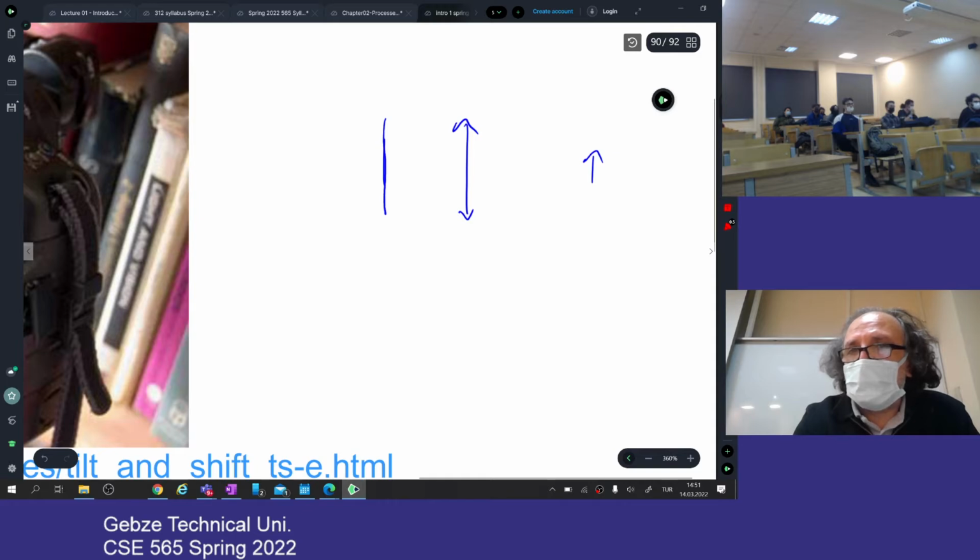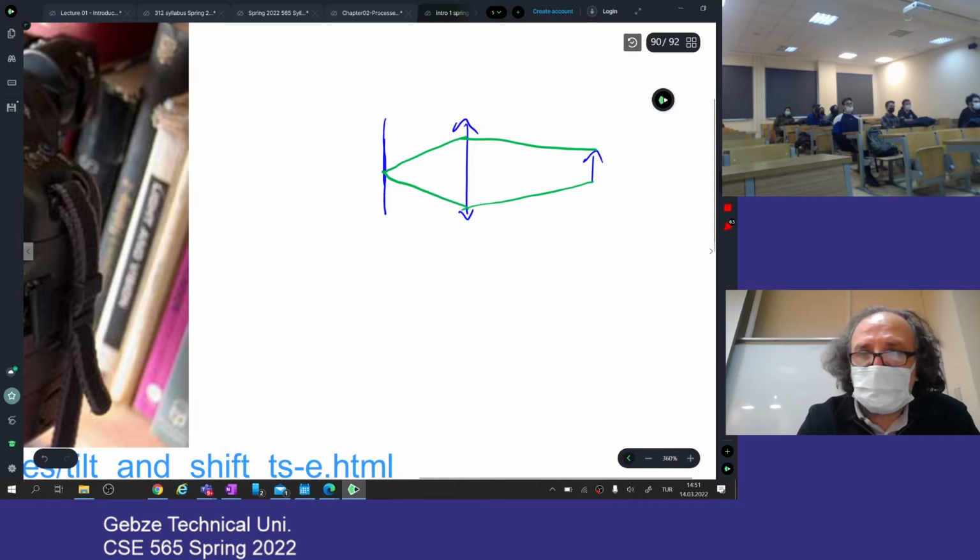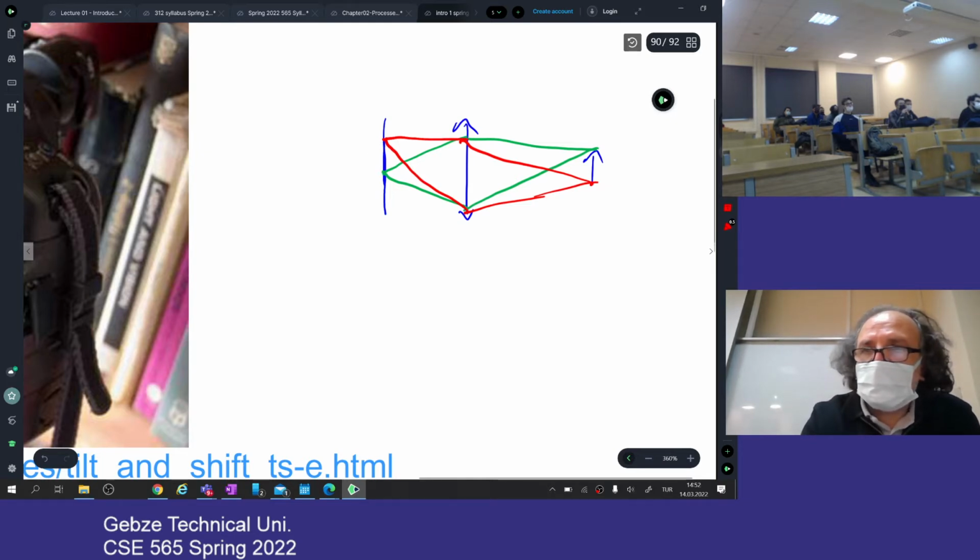If I am focused right on this object, all the light rays that originate from this point will be focused on this part, and all the light rays that originate from this point will come to this part. So my object will look just the other way around on this image.